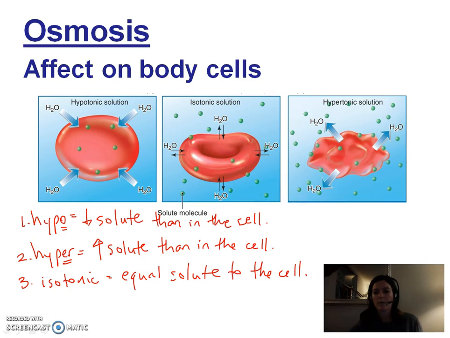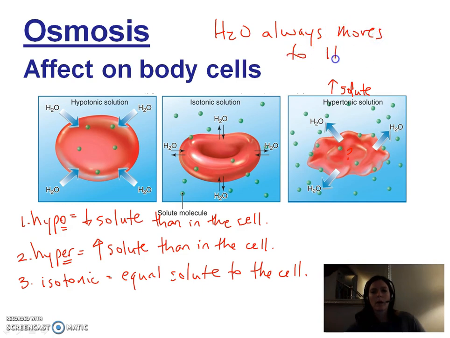All right. Now, isotonic was the easy one because everything is the same and nothing changes. But let's move over here to hypertonic. Remember hyper, woohoo, hyper is high, bouncy. Hypertonic has a high solute compared to what's in the cell. So the high solute is outside of the cell. We said that water always moves to high solute. So if you let that be your rule, every time we're talking about osmosis, water always moves to high solute.